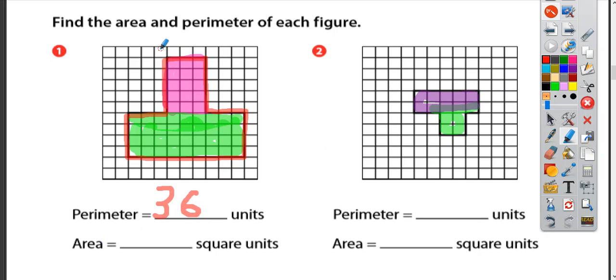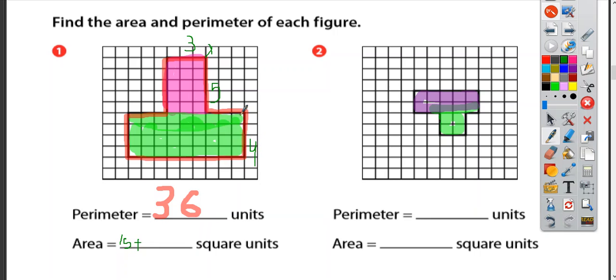For the area, you just count how many are there here. We have 1, 2, 3, 4, 5. This side is 5. 1, 2, 3. This side is 3. So the first figure has the area of 3 times 5, which is 15. Plus what? Here I have 1, 2, 3, 4.